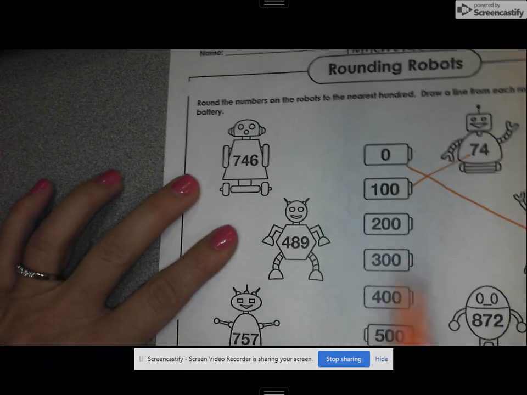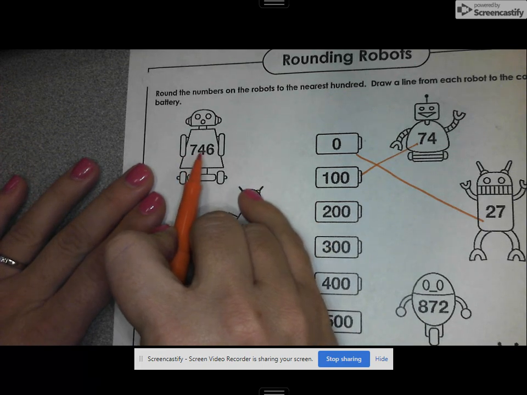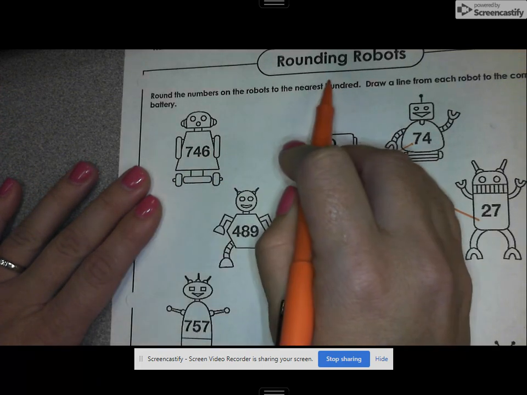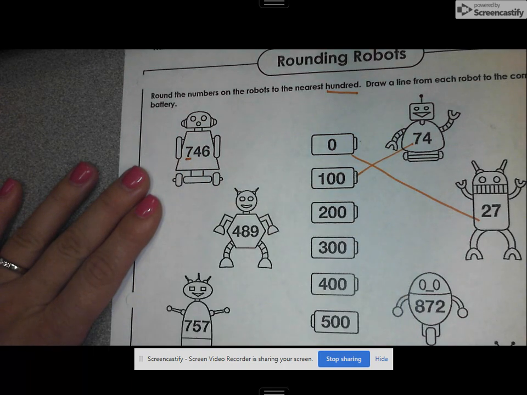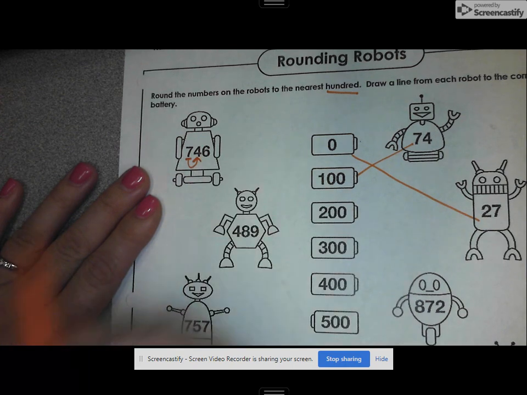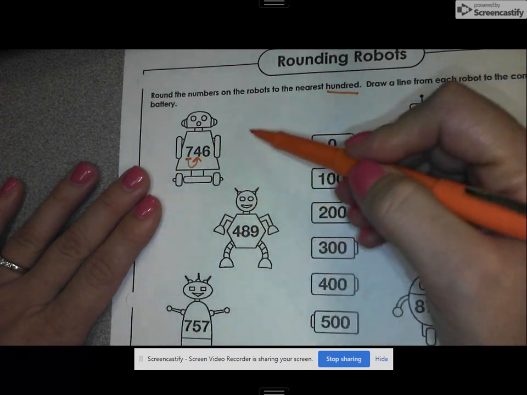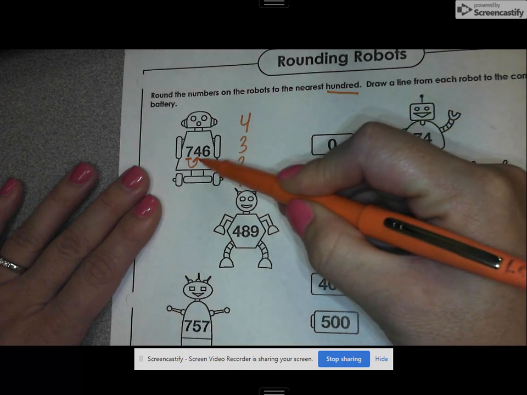All right, moving on to the 3-digit numbers, which is mostly what they're going to see. If we had 746 and we're rounding to the nearest 100, we have to look at the hundreds place and we see that there's a 7. The 7 looks right next door at the 4, and the 4 is 4 or less, so we let it rest.